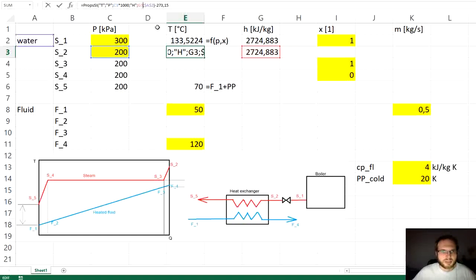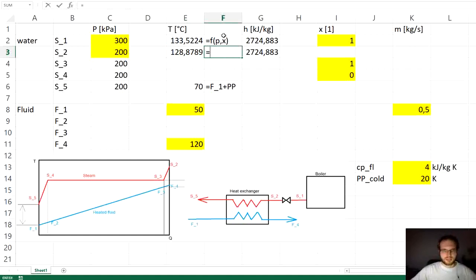And as this function requires fundamental SI units, it is enthalpy times 1000. So now after the throttling, the temperature is about 5 degrees C less. And it was a function of pressure and enthalpy.